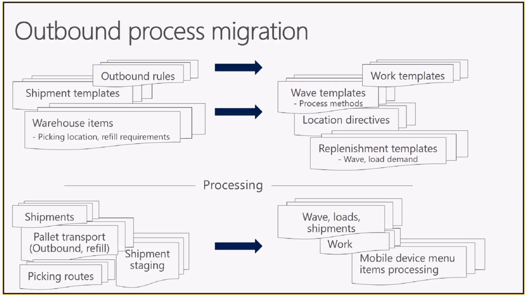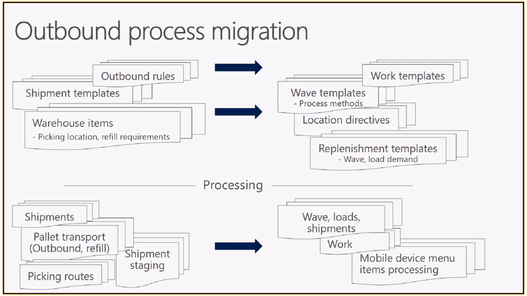And at the exact moment that the physical inventory is available at the fast picking, we'll unfreeze the actual picking work, and then we can continue the outbound process as part of the warehouse.